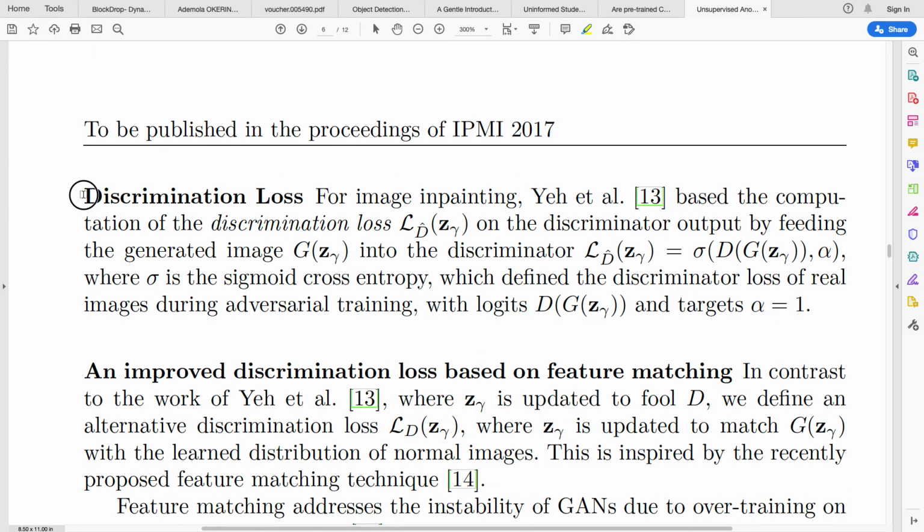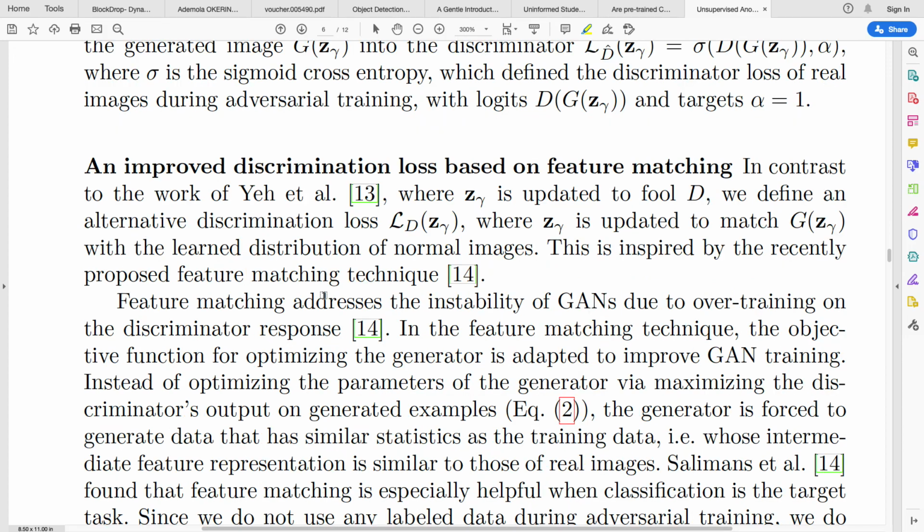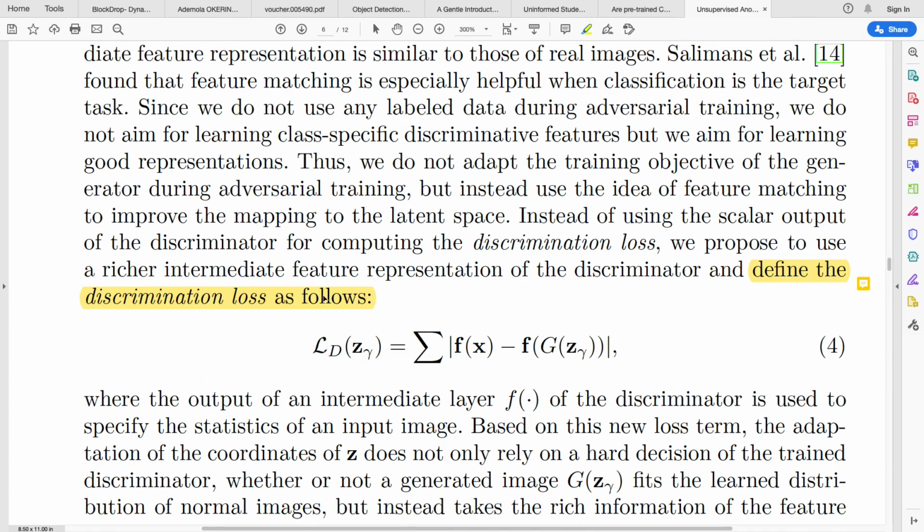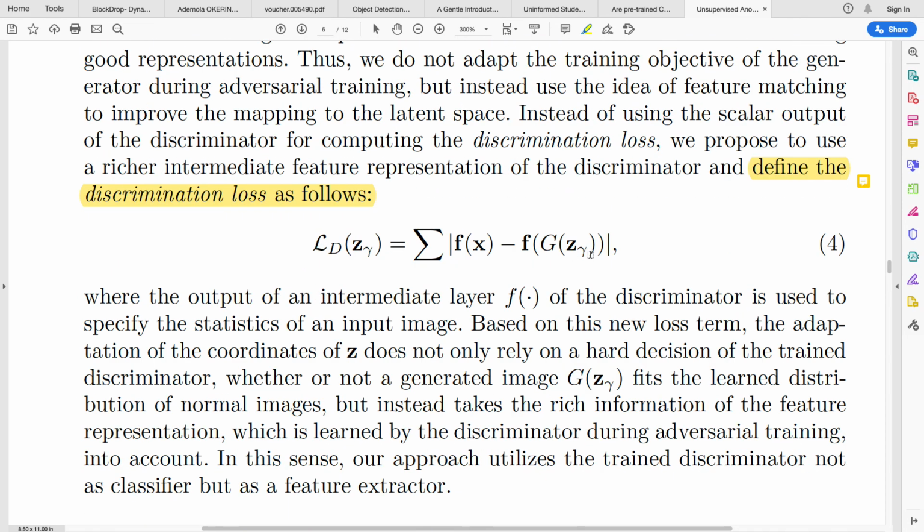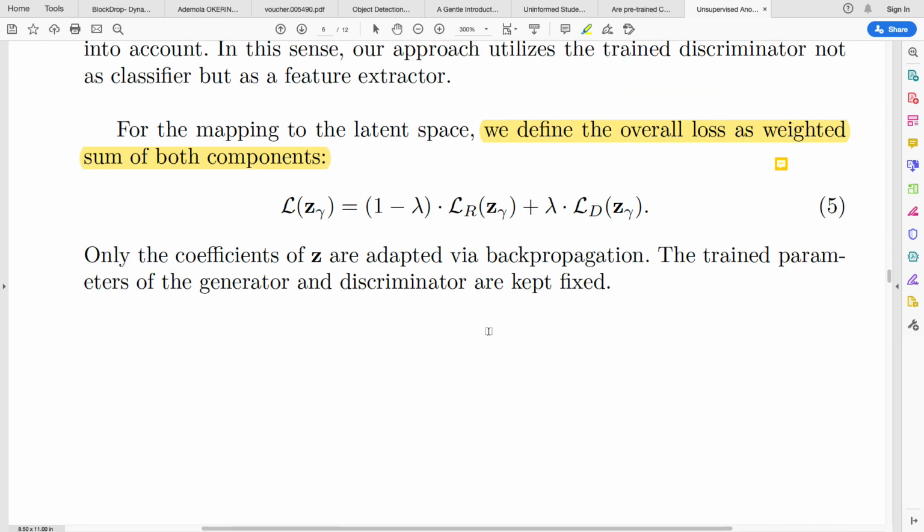So we also have the discrimination loss. That's the discrimination loss. Something interesting we'll still look at in detail, so stay tuned for that. And we have an overall loss which combines the discrimination loss and the residual loss with some parameters weighting it.